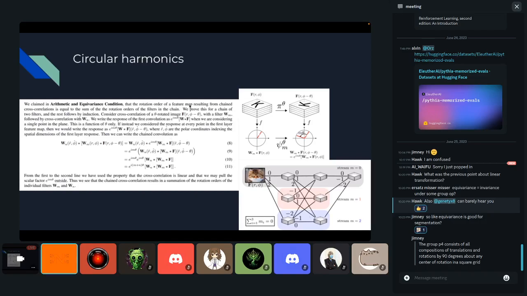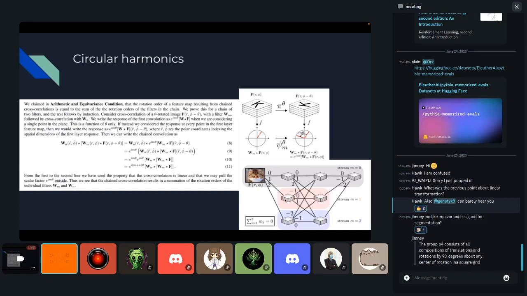And it turns out, this is a theorem they prove, that if you convolve a feature map which cycles with rotation, the result also cycles, with an order that's a sum of the original feature map order and the filter order. If the feature map order is 0, then you just get the old theorem, which says that you get the rotational order of the filter.